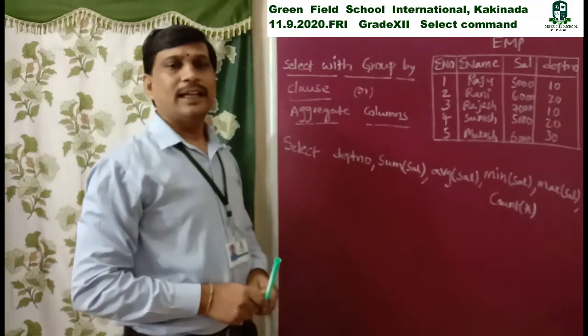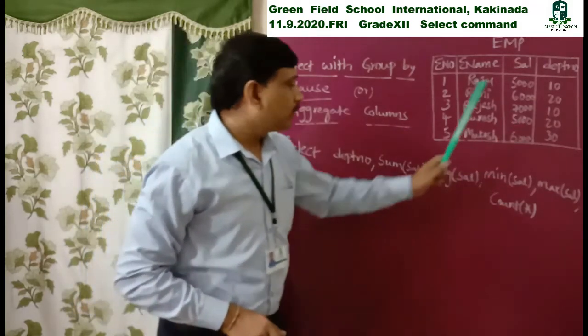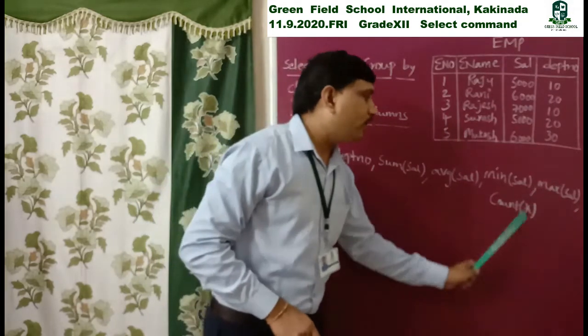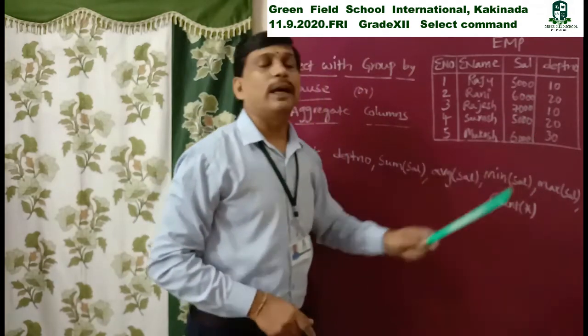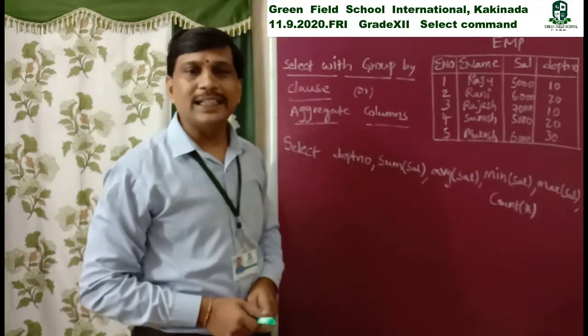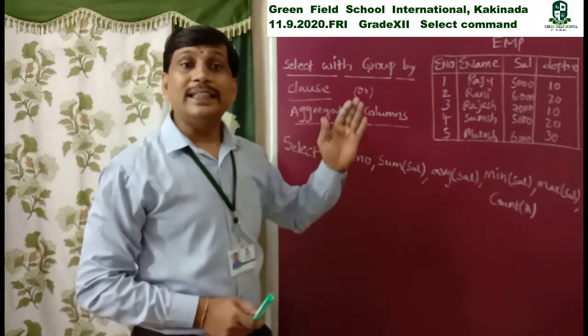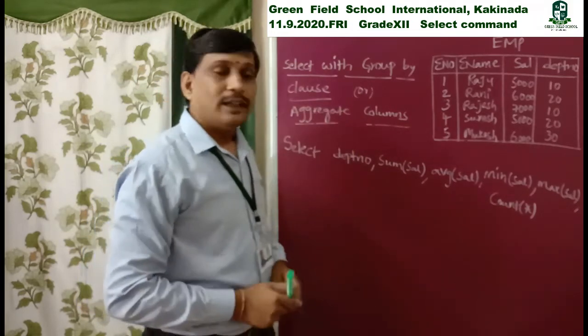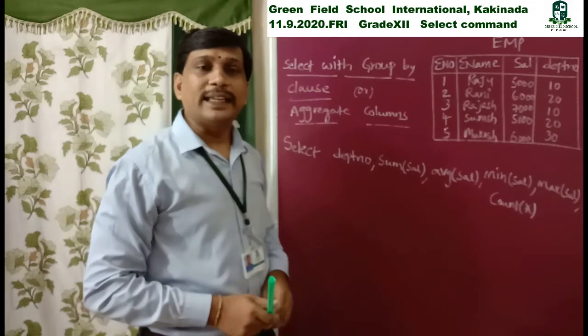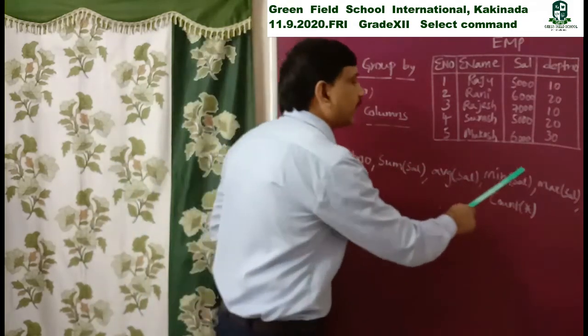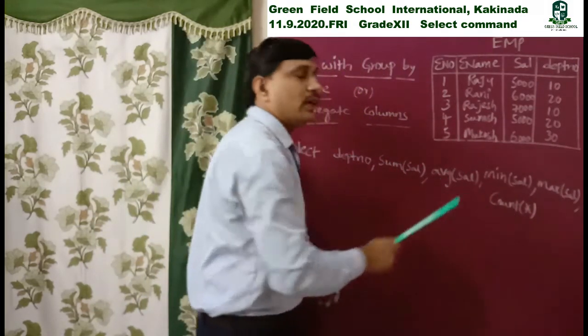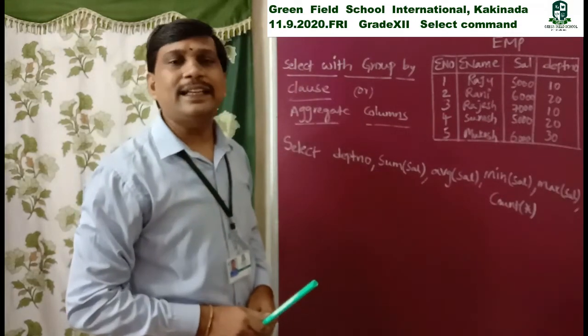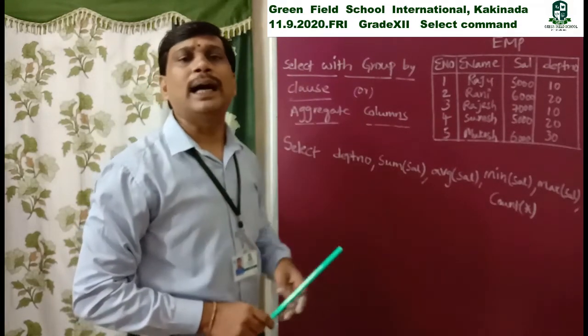Like that, I calculate these values for the 20th department also. For the 10th department, I calculate sum of salary, average salary, min of salary, maximum salary, count of star. That is one part.